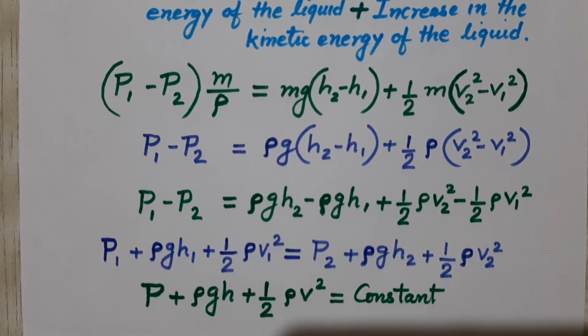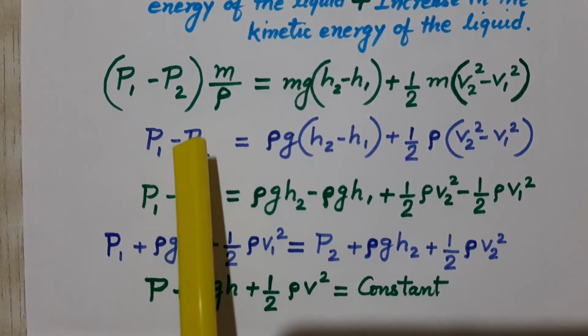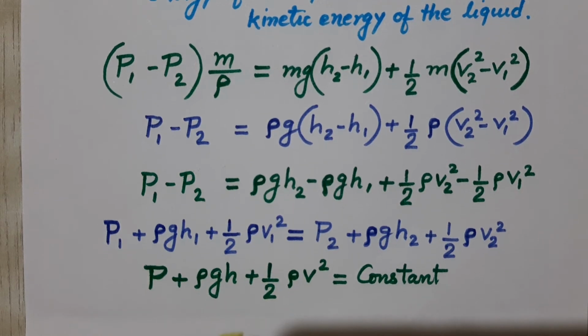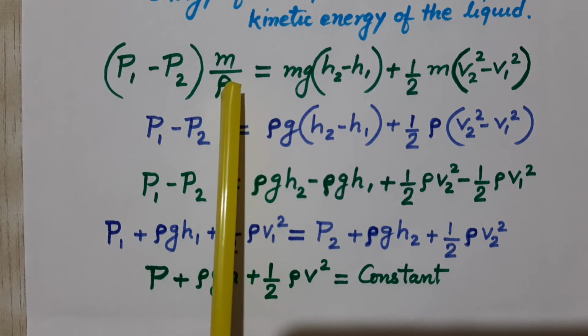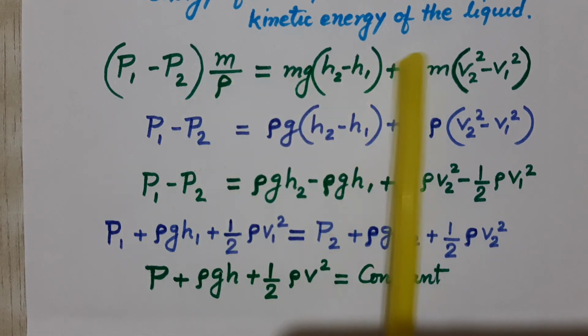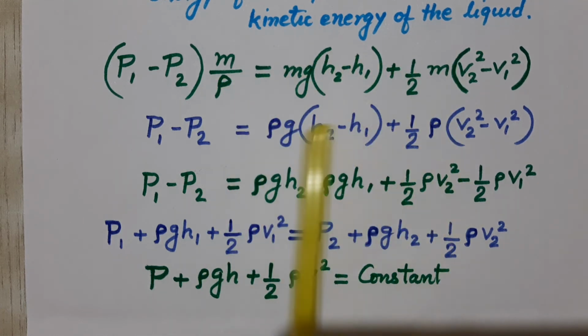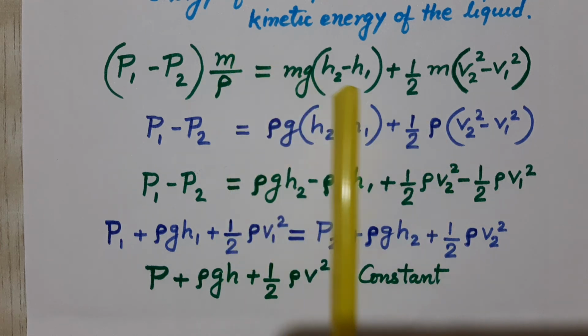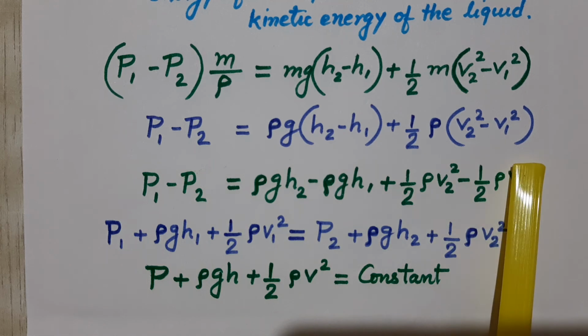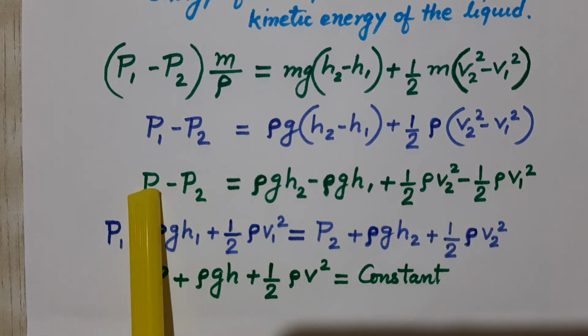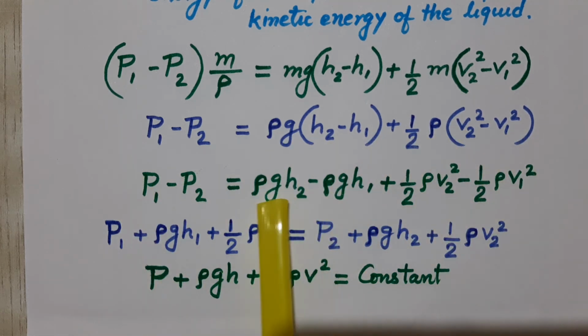Here, see, m upon rho will go that side and multiplied. M will divide, then m and m cancel out. Then this condition we will get. Now open the bracket here.